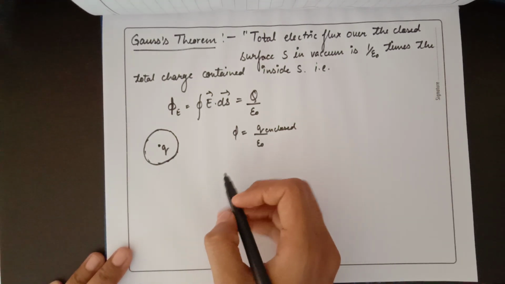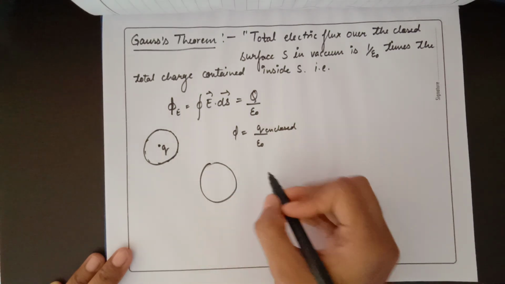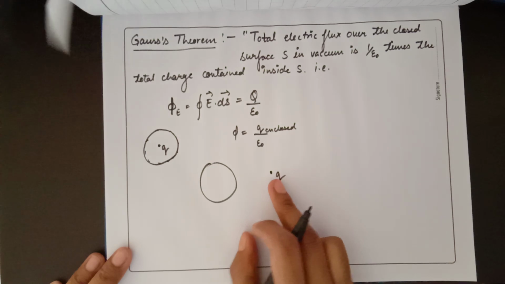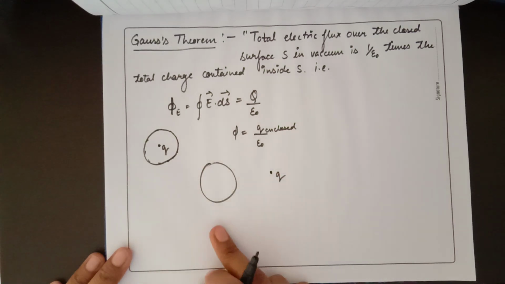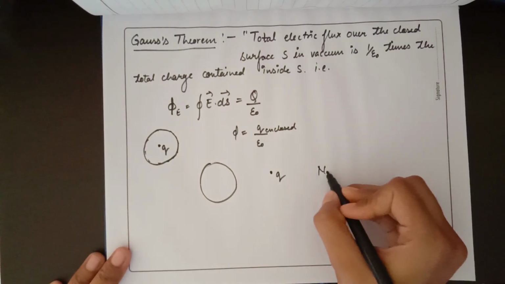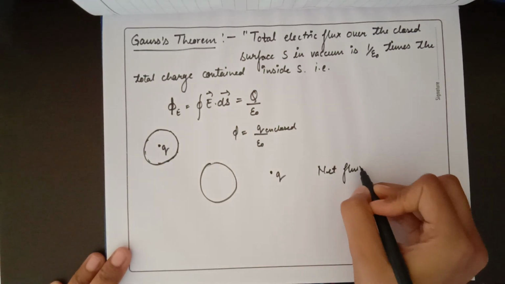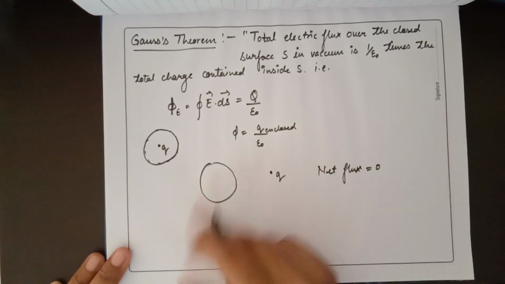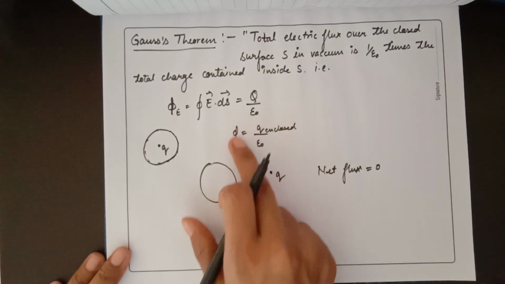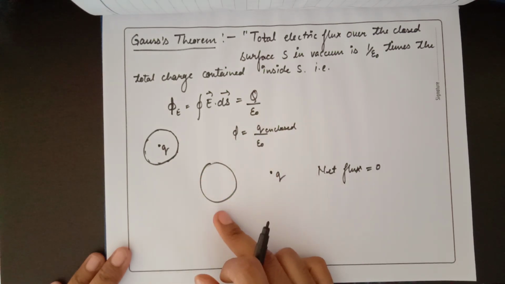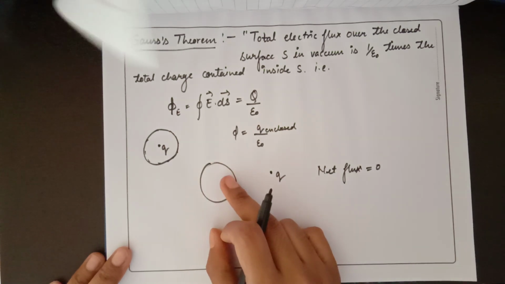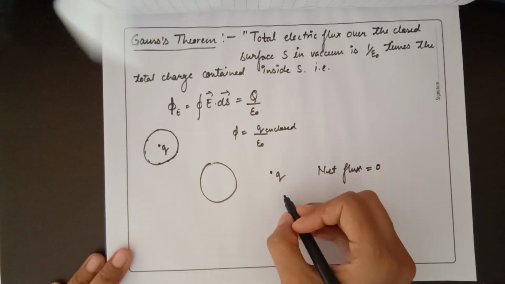If you have a body like this and here a charge q, and it is asked to calculate the net flux from this sphere, the net flux will be 0 in this case. Why is it 0? According to Gauss's law, it would have been phi is equal to q upon epsilon naught, but q is outside this sphere, so q is not inside.